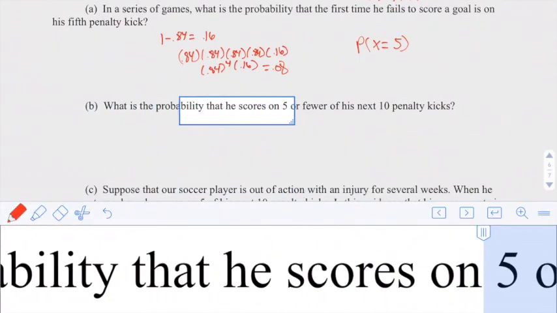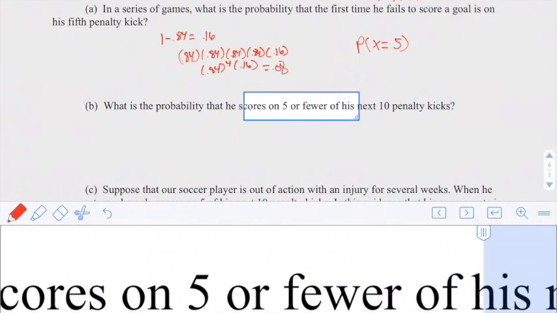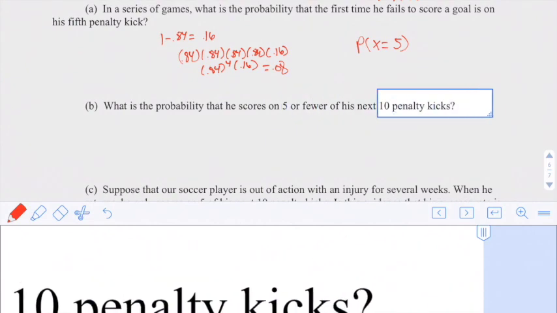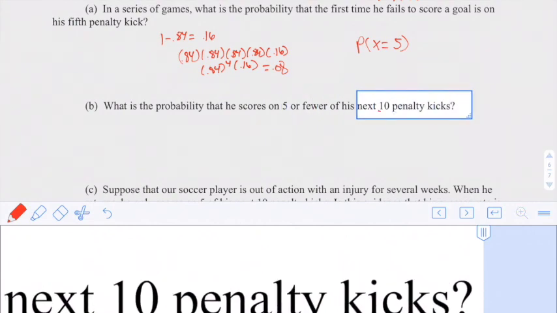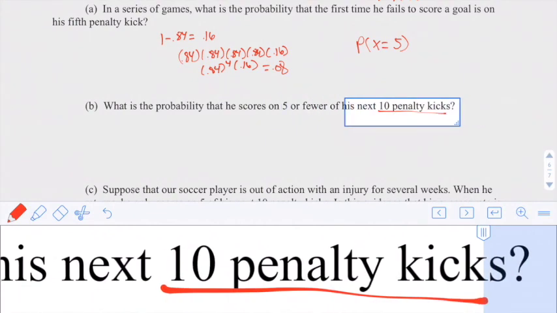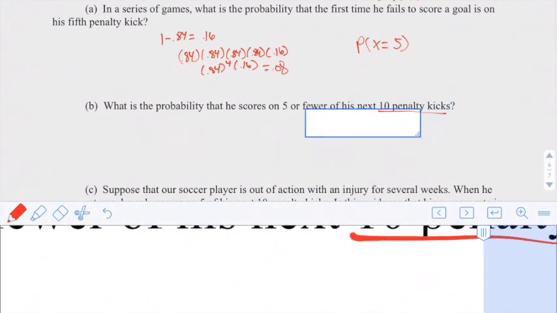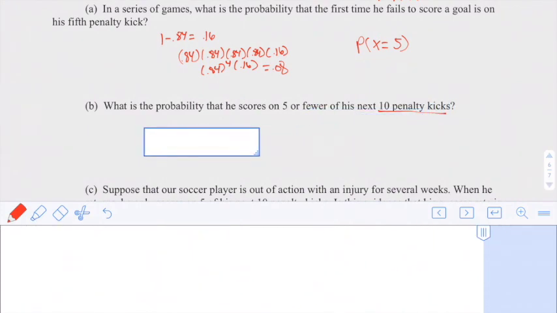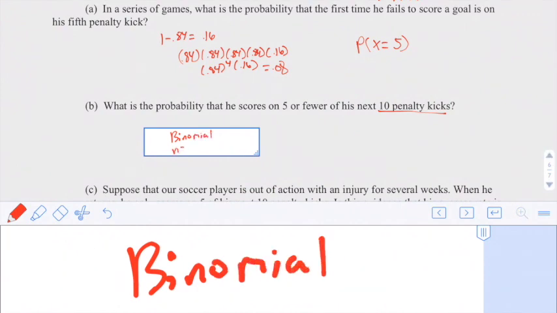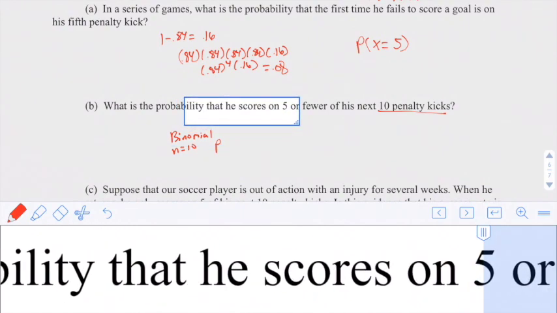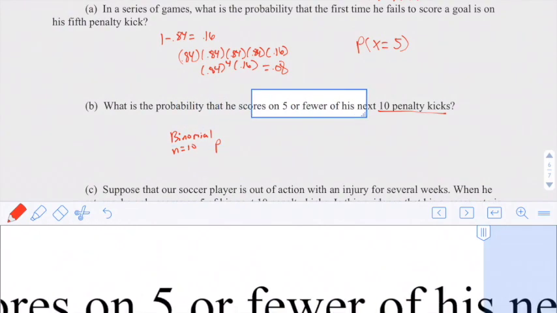What's the probability he scores on 5 or fewer of his next 10 penalty kicks? Well, since there's 10 penalty kicks, now we're at a binomial again. So we are doing binomial with 10 trials, and we want to know the probability he scores on 5 or less.